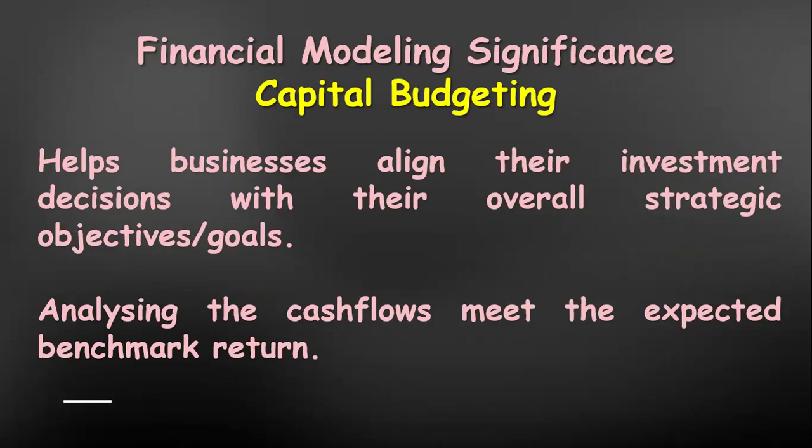Objectives are normally set for the department and the goal is set for the overall business organization. So here you develop your cash flows and assess whether your cash flows meet your benchmark return or not.